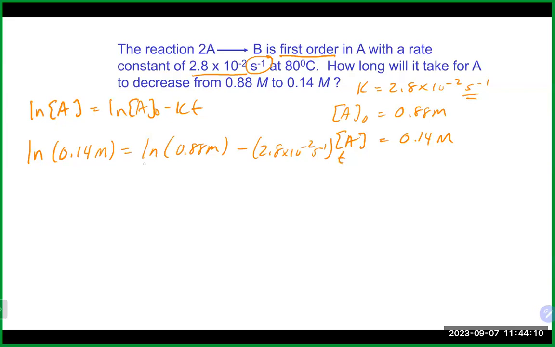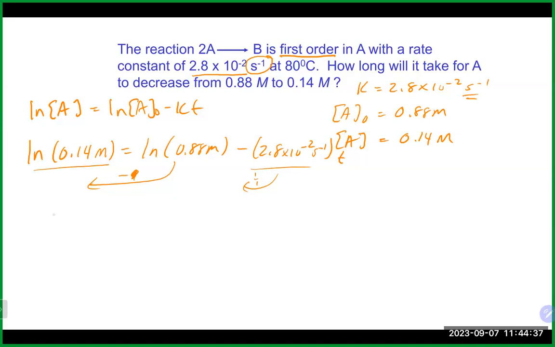We basically are going to take the natural log of this side and then subtract that to the other side. And then divide by this. So just subtract it. I'm going to take the natural log of 0.14, and then we'll subtract it from the natural log of 0.88.